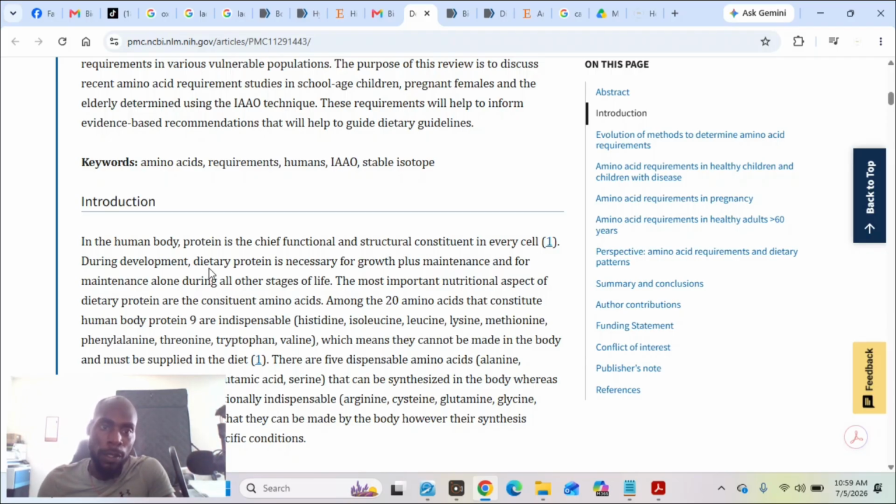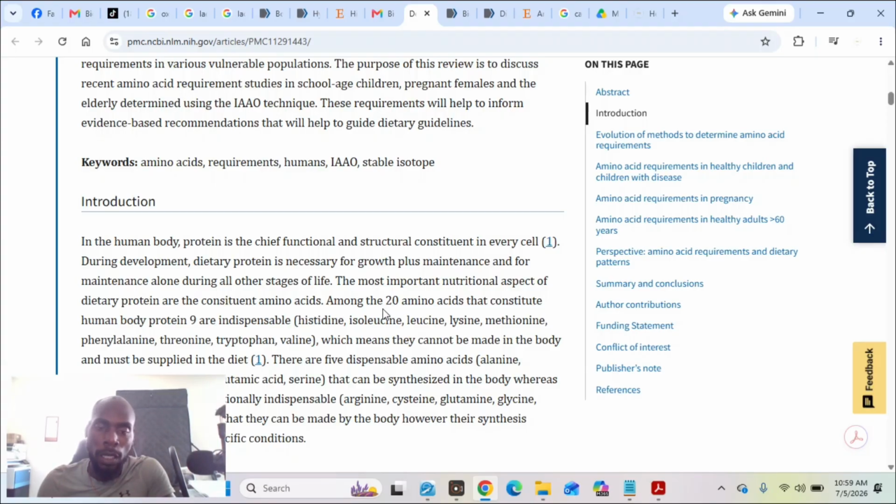During development, dietary protein amino acids are necessary for growth, plus maintenance along and during all stages of life. The most important nutritional aspect of dietary protein are the constituent amino acids.